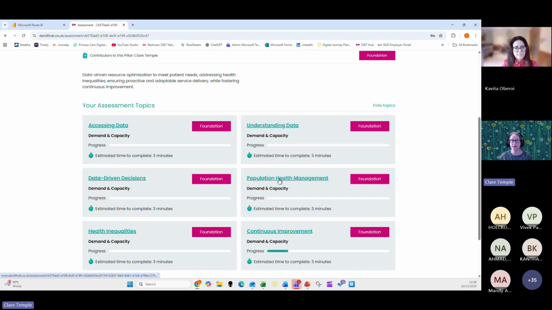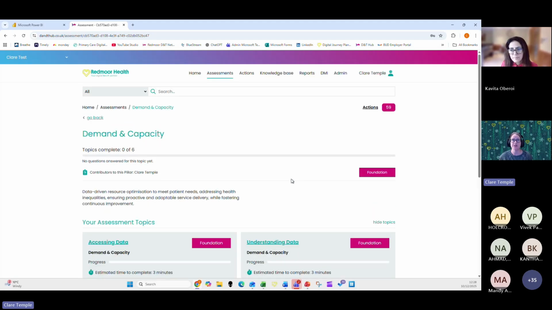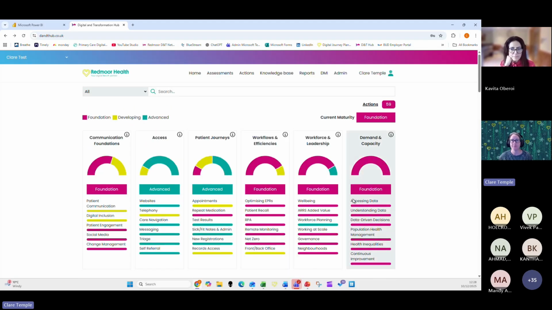So if we use population health management here, you can see at the top, let me just go back. Once you've completed the first assessment, which is a simple statement as to where you think your practice sits for each of these, you'll get a colour which suggests if you're foundation, developing or advanced in that area.